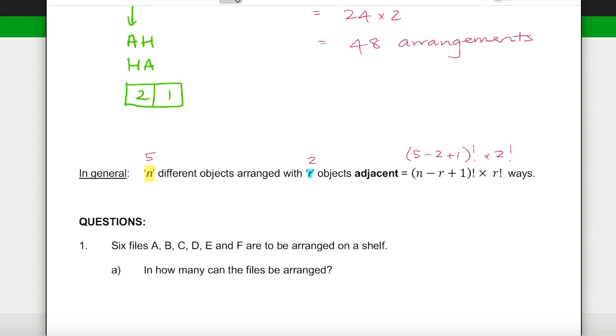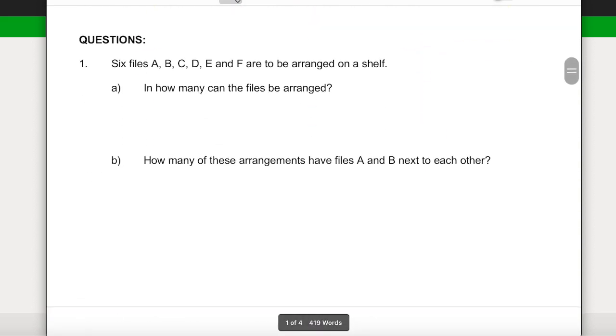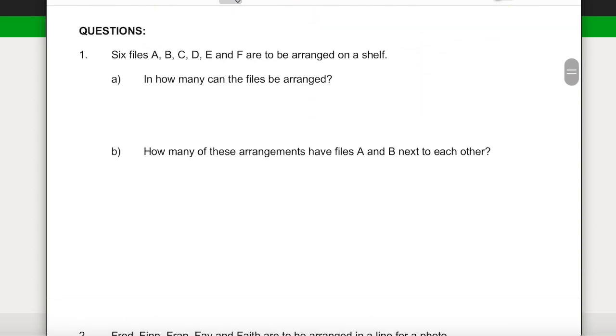So we've got 5 take 2 is 3 plus 1 is 4, so this is our 4 factorial times our 2 factorial. So that's a really nice sort of summary calculation. But I often use a bit of common sense and our lovely diagram to help us understand how this actually works. So let's take a look at this little question here.